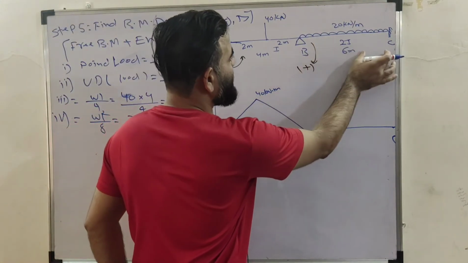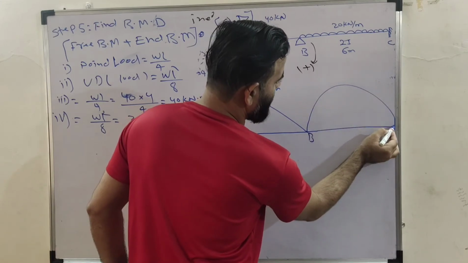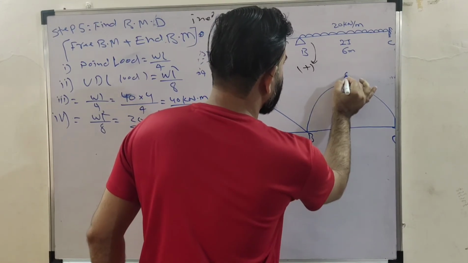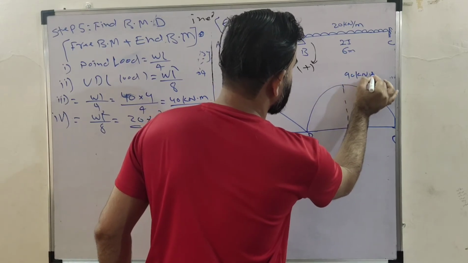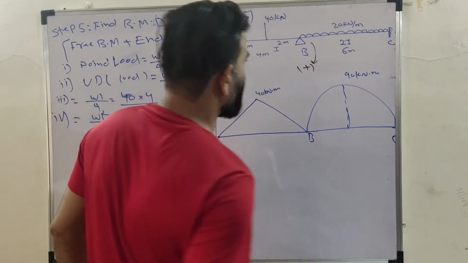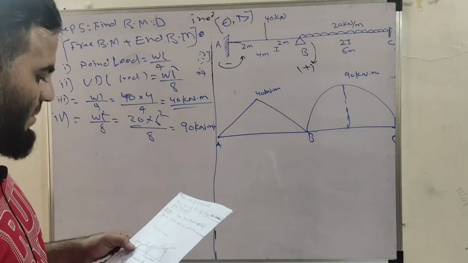Next, BC is the UDL. Due to the UDL, the bending moment diagram will be like this, 90 kilonewton meter. Now we will find the end bending moments according to the final end bending moment diagrams.